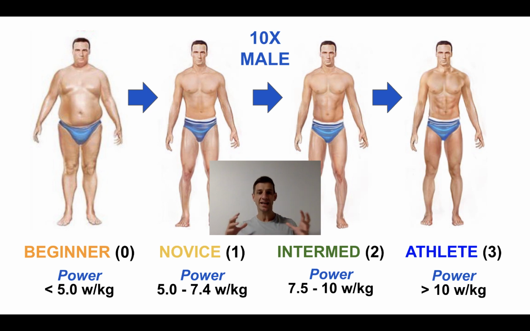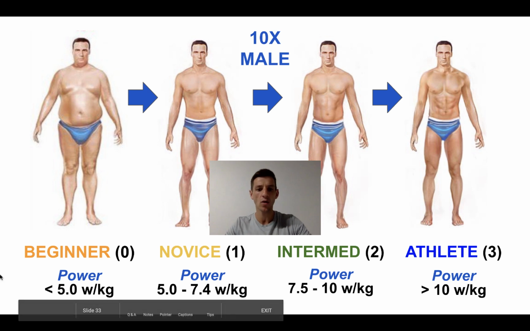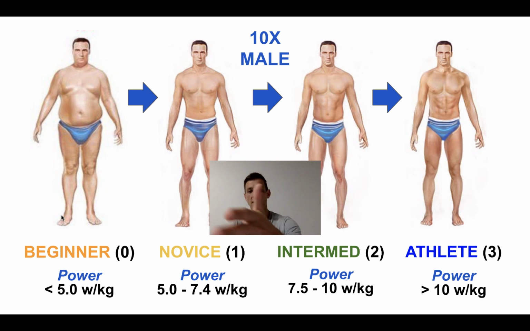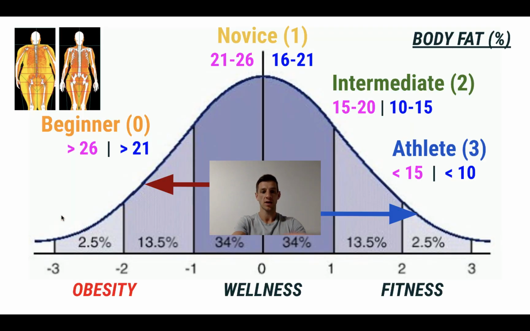so now let's take a look at some examples of what this transformational journey could look like using this 3D model. Now, looking just at power, so on the left we have the beginner, then we have the novice, the intermediate, and the athlete. So it's basically the same thing here.